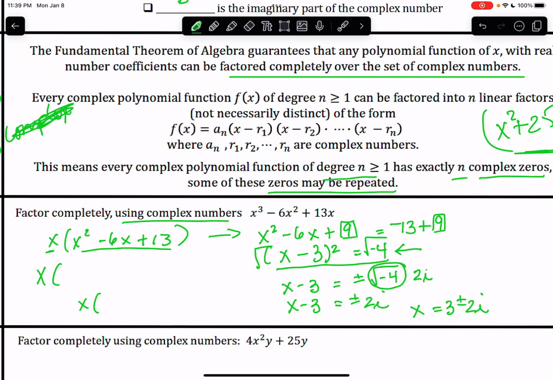Now I have to write that in factored form. So I would get x, and then I would have x minus 3 plus 2i, and x minus 3 minus 2i.